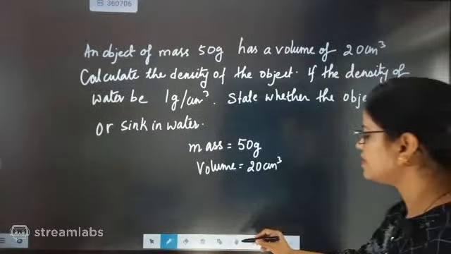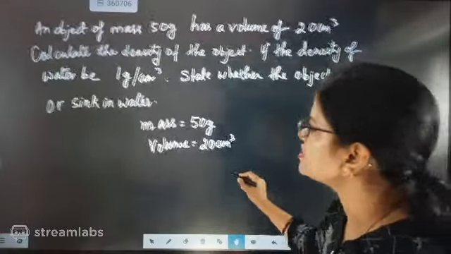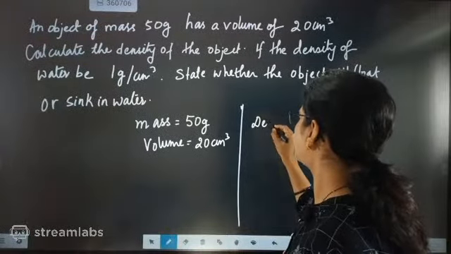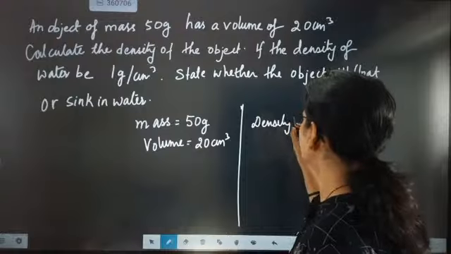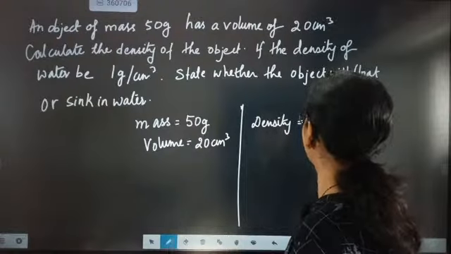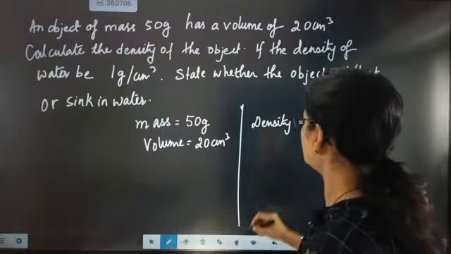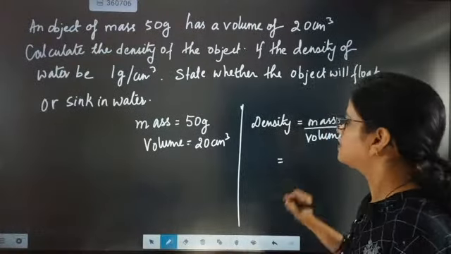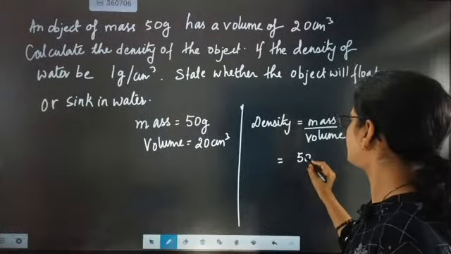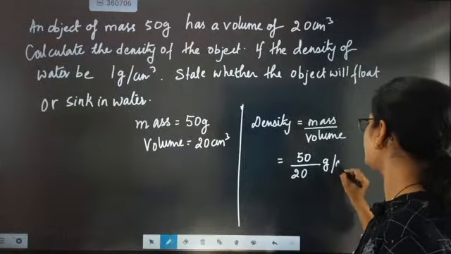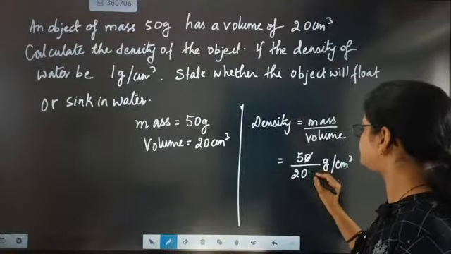Okay. Now next what we have to do? We have to find the density. So we know that density equals mass by volume. So what is the mass? 50 by 20 gram per cubic centimeter.